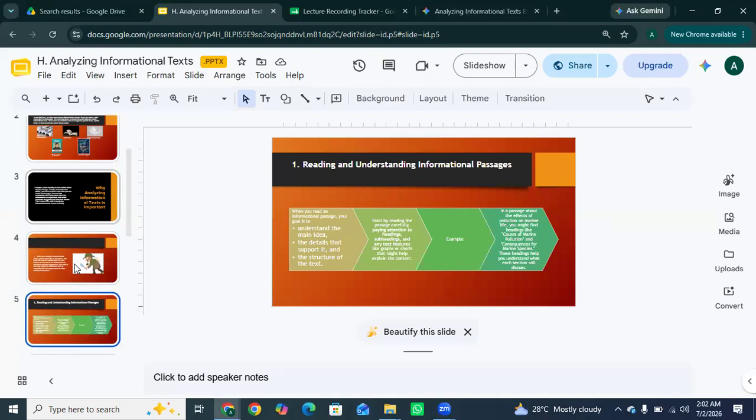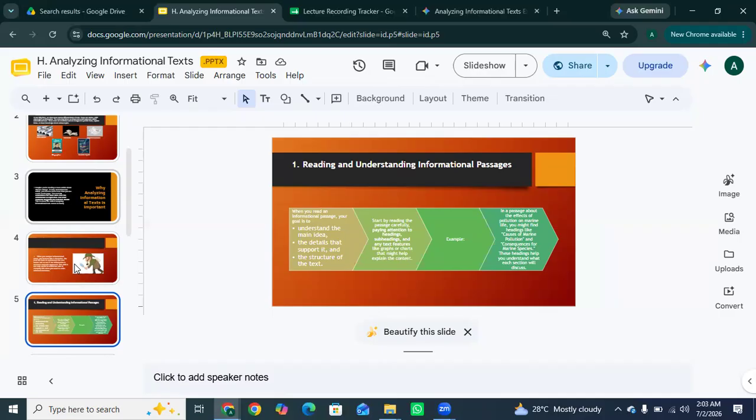Look at the titles, sections, headings, graphs or charts to get a quick idea of what you are about to read. Start by reading the passage carefully, paying attention to headings, subheadings, and any text features like graphs or charts that might help explain the content.